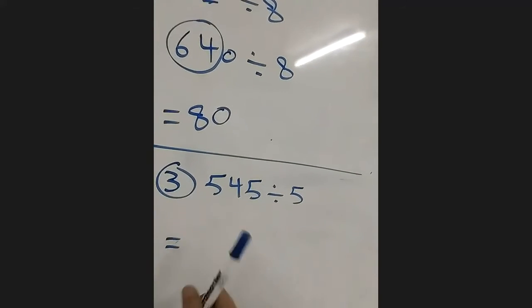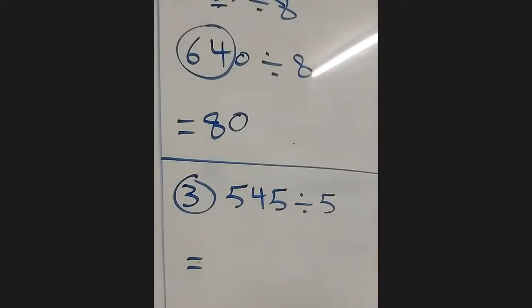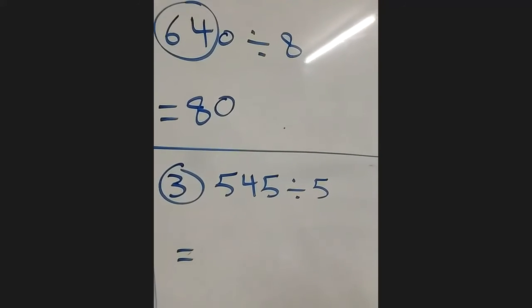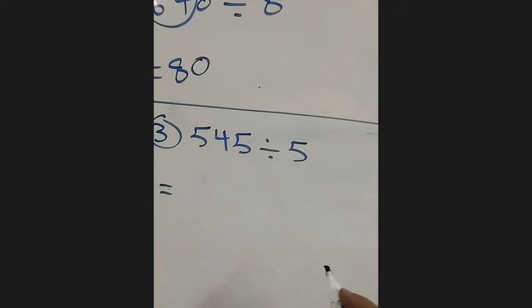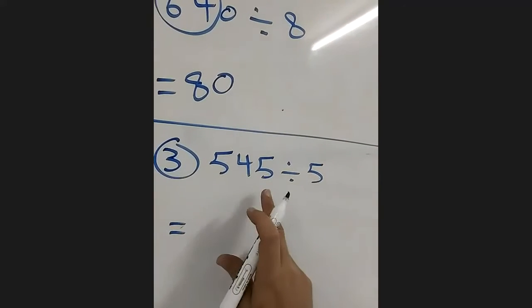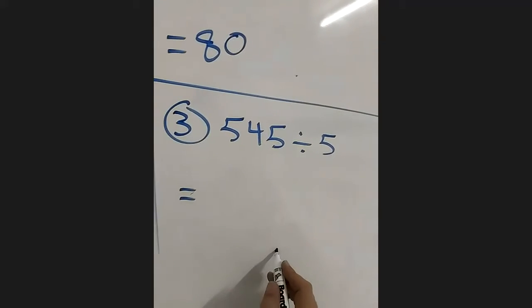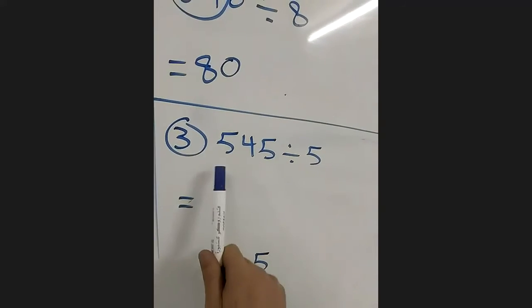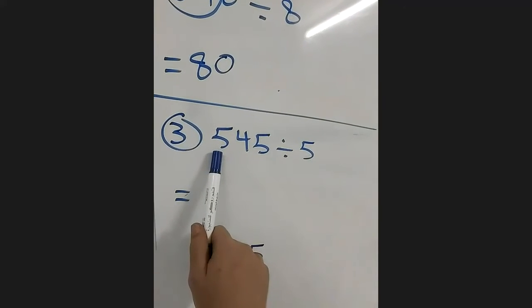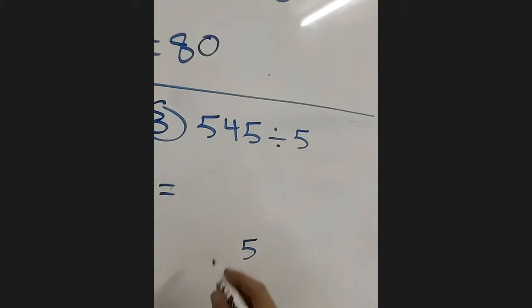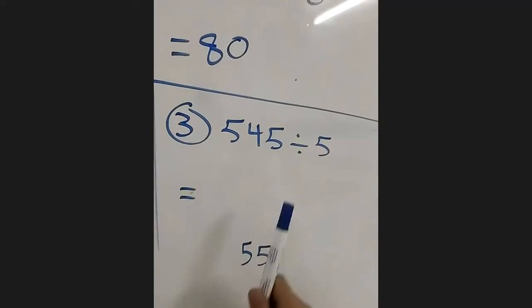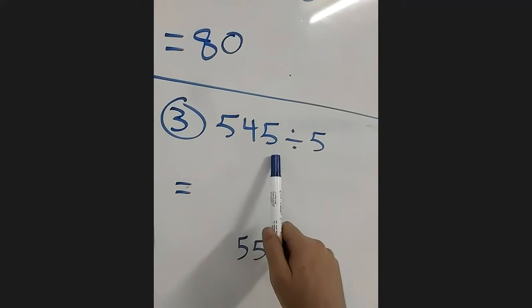So tell me, yalla, what will I do? The 4 will be 5 because the next number gives us one more. So the 4 will be 5. And the first 5 is still 5, right? Yes. Good. And this 5 here will be 0.